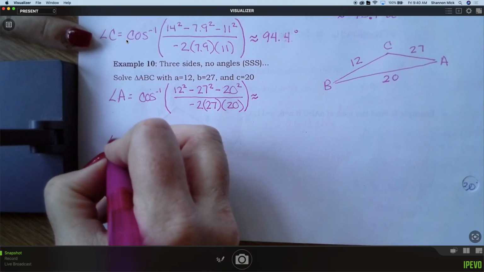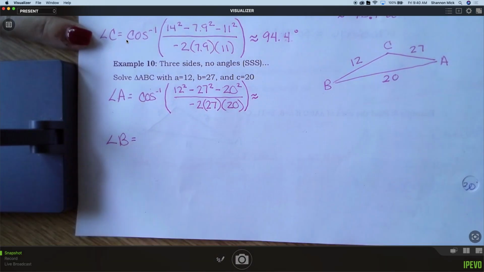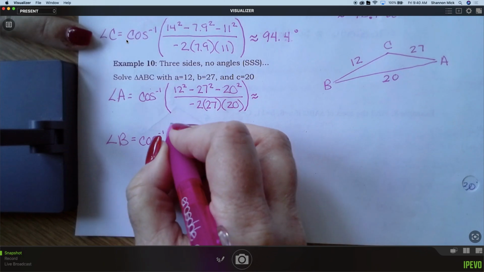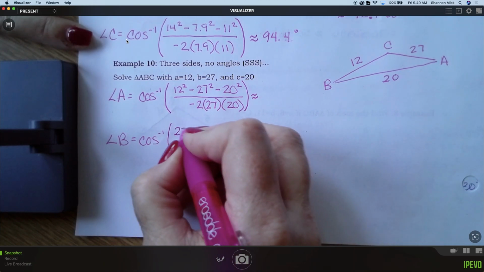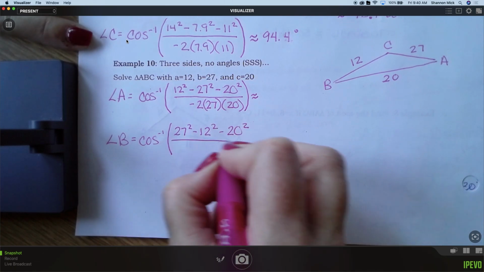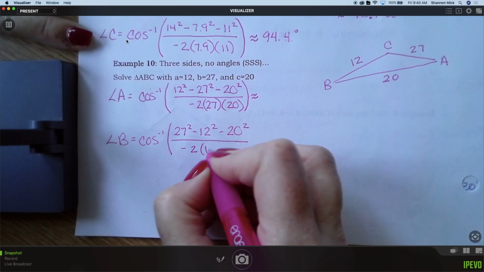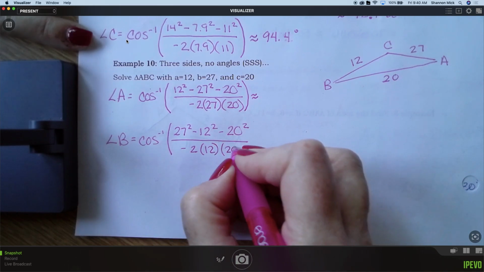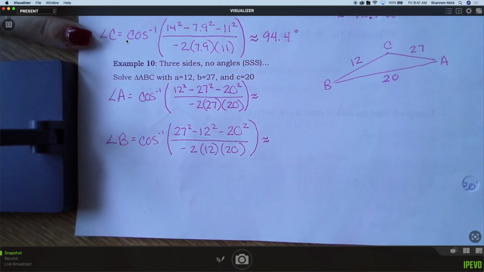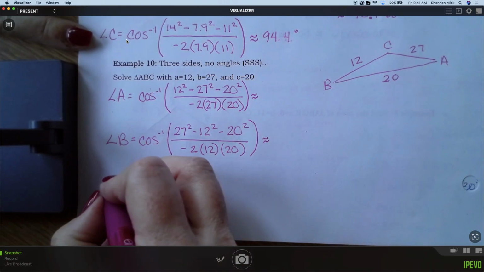So we're going to do angle B now. Do angle B, fill it in. I got it. Do you guys want to do angle C with inverse cosine, or do we want to subtract? We can do it both ways.